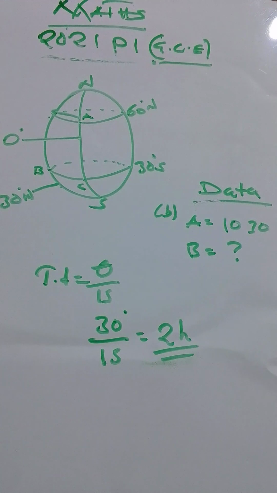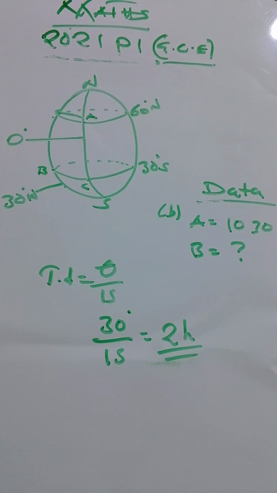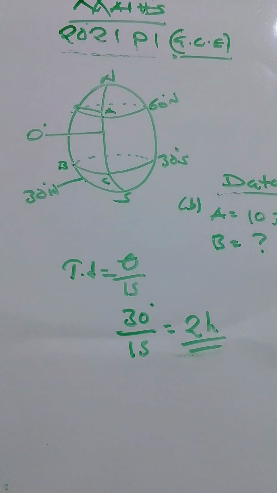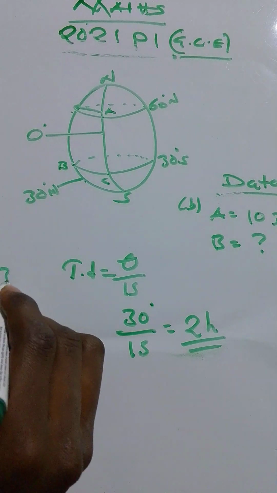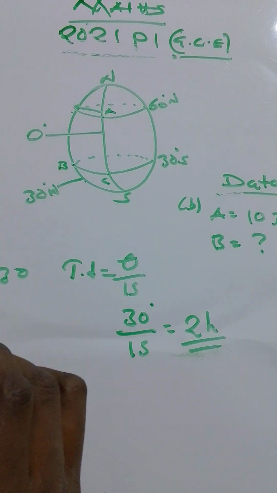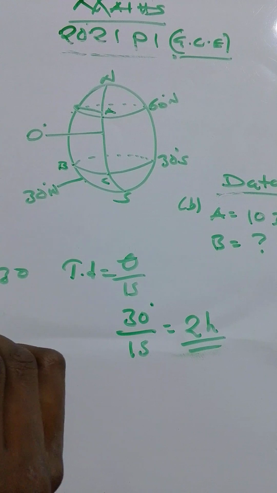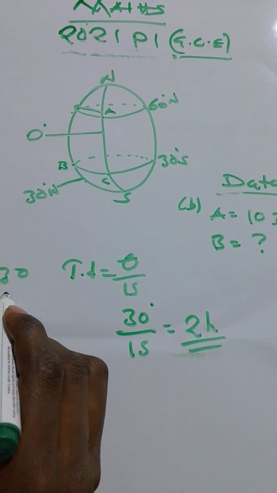So since the time at A is 10:30, we subtract 2 hours.